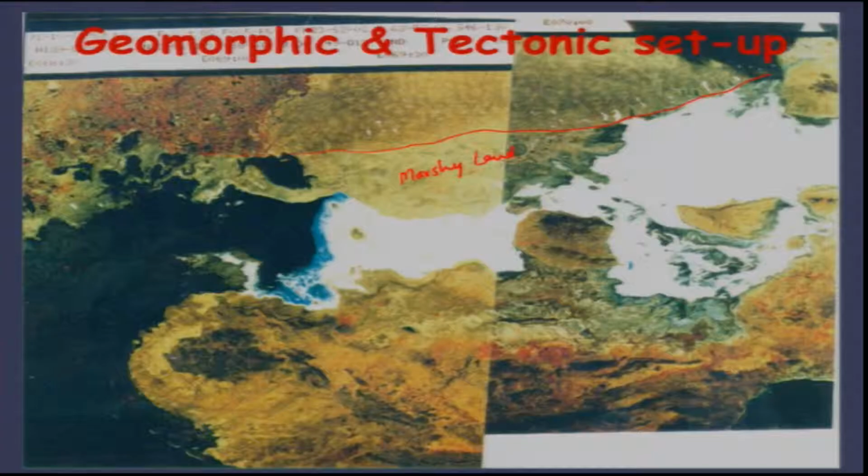Again, coming to this, this is an area which comes under Pakistan and is thickly populated, at least the reddish part, because in a false color composite the reddish part is indicative of vegetation. So, it is a thickly vegetated area. Nobody stays in the desert, because there is no water.